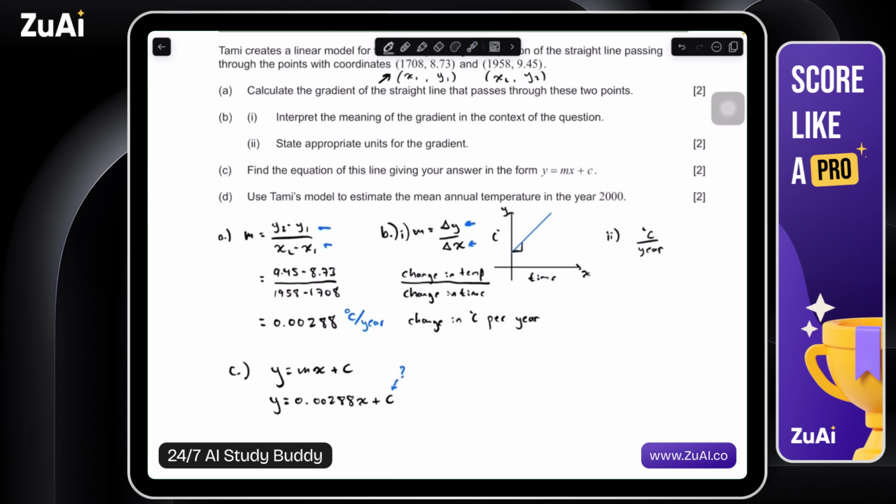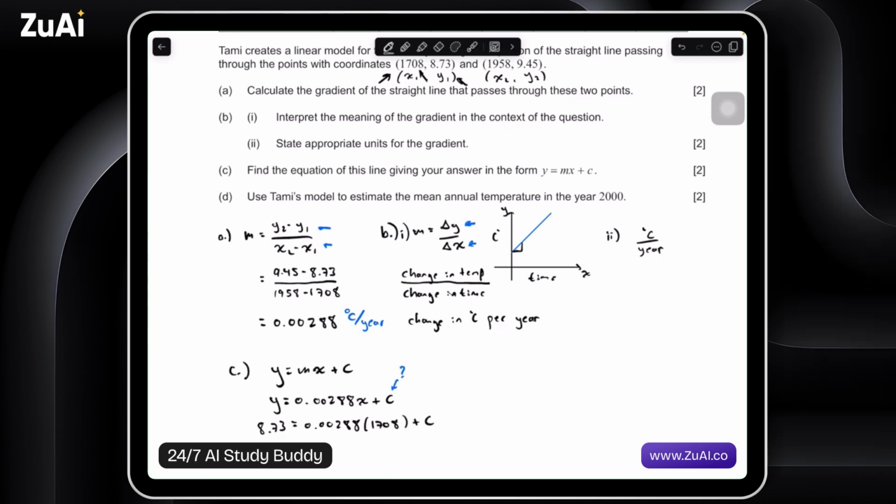So our y value is 8.73. 8.73 equals 0.00288, and we're going to substitute this x value into our equation, 1708, and then now we can solve for the unknown. So now we've got an equation with just one unknown, and we can go ahead and use a little algebra, or we can just solve this for c.